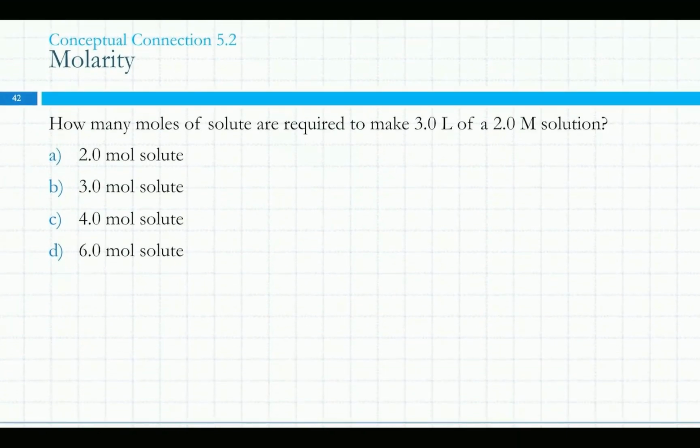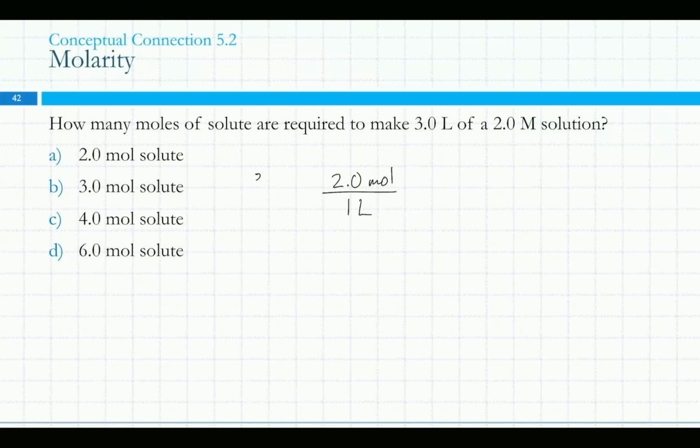Okay, so how many moles of solute are required to make 3 liters of a 2 molar solution? What is molarity? Moles per liter. 2 molar would be 2.0 moles per 1 liter. But I want 3 liters, right?